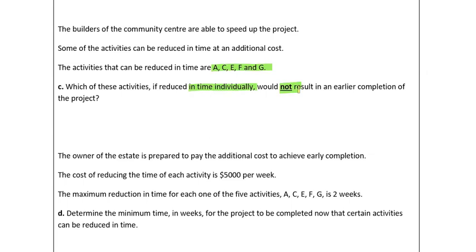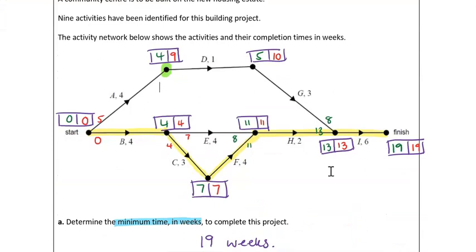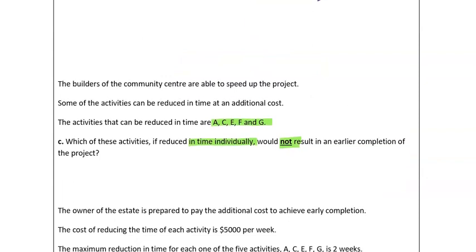So remember, any activity reduced in isolation will only have an impact if it was part of the critical path. And so going back to our critical path that we identified, our critical path is B, C, F, H, I. So if we just note that here, the critical path, B, C, F, H, I. So C will definitely have an impact.